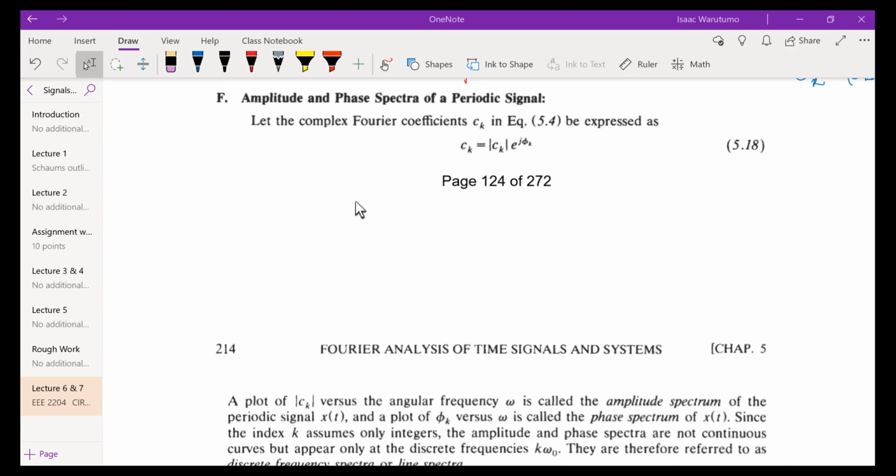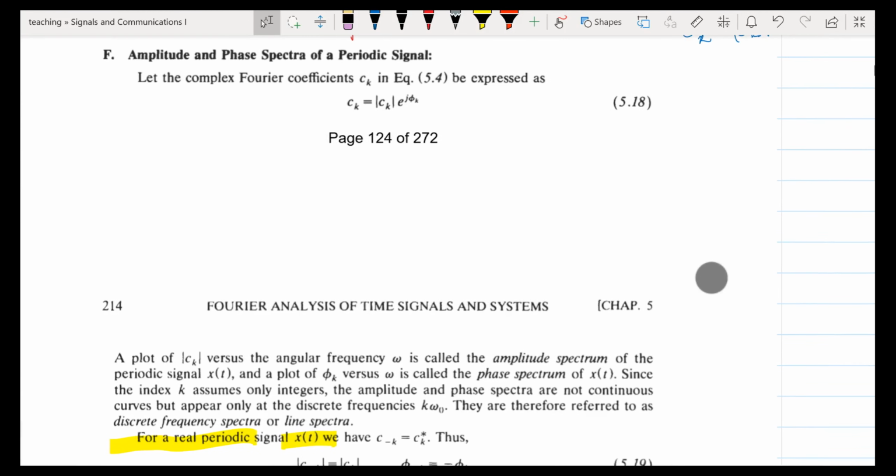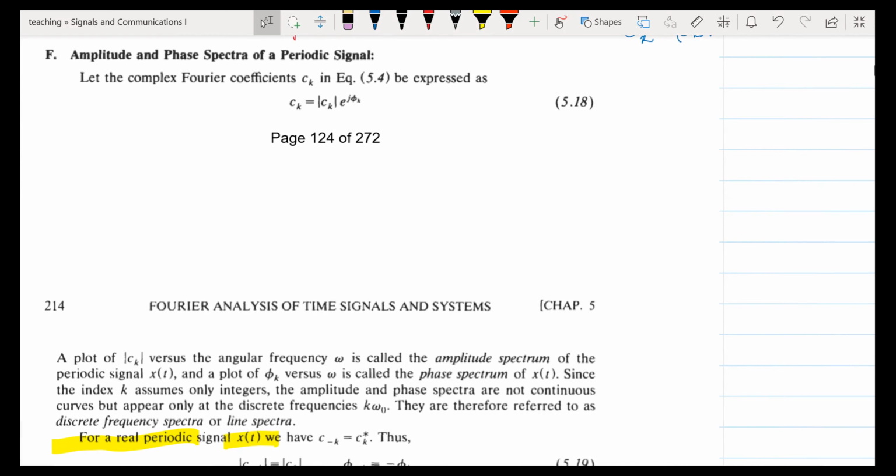Amplitude and phase spectra of a periodic signal are quite significant, and we should get to know them.